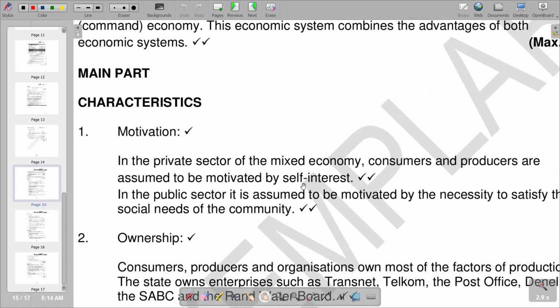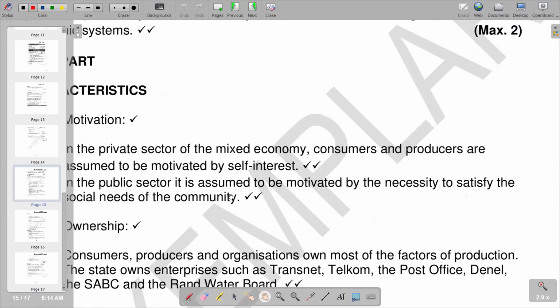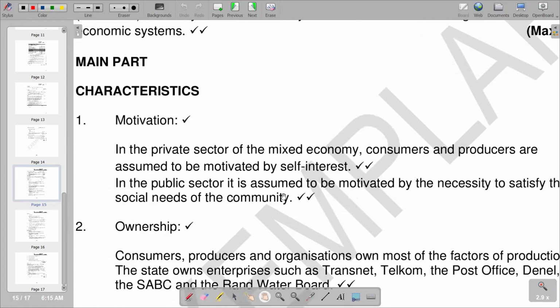But if you go to the public sector, it is assumed to be motivated by the necessity to satisfy the social needs of the community. So you'll see that in all the descriptions we put both the private and the public, because we have an integration of the market economy and the centrally planned economy.